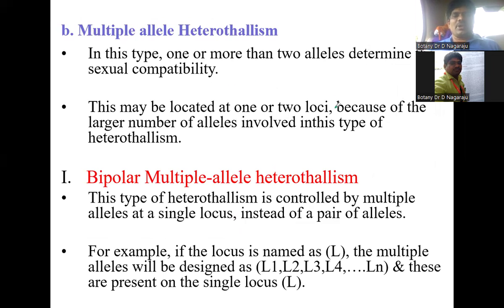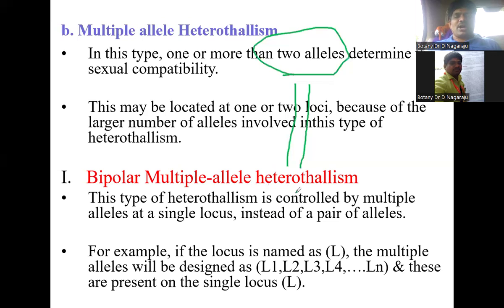Now the multiple allele heterothallism. That means if more than two alleles are deciding the sexual compatibility, we call it multiple allele. This may be in the same locus, same position, or maybe in different locations.